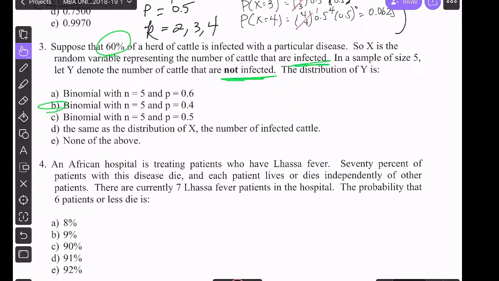Okay, so for this one, let's see if it aligns with the binomial.